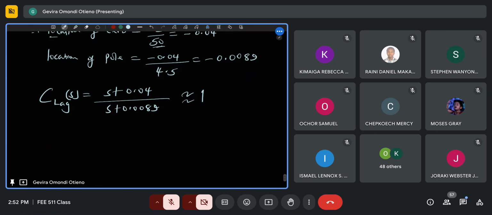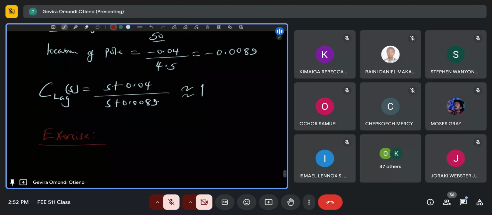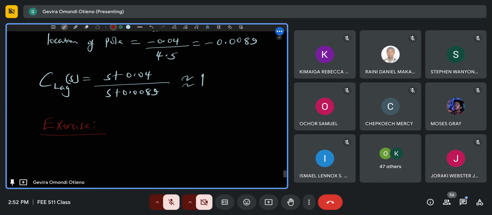So let me give you work, because I am done in the next few minutes. This is an exercise. I want to see if we are able to solve this problem on our own, and I hope you remember this is only to test the lag compensation.